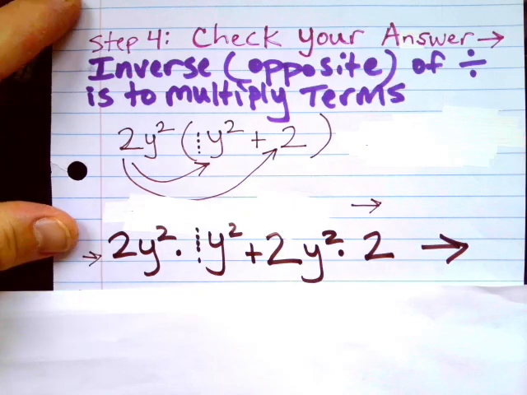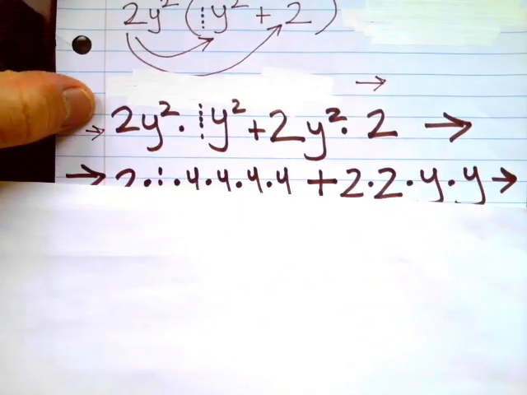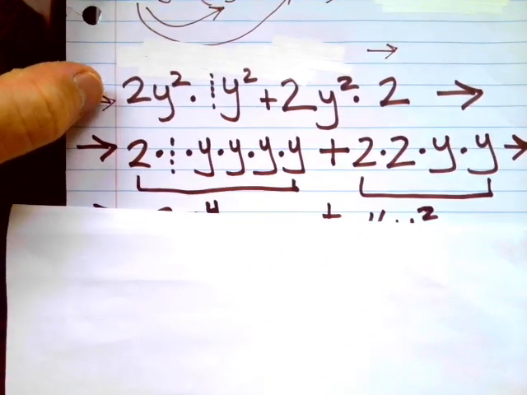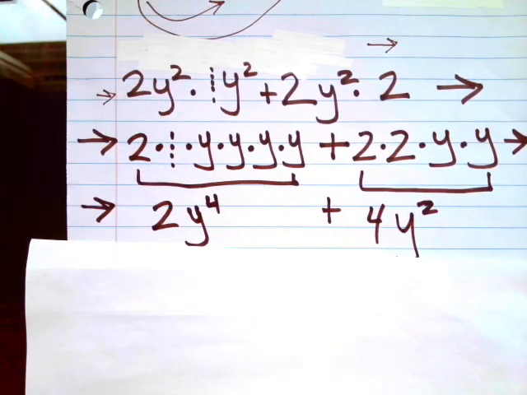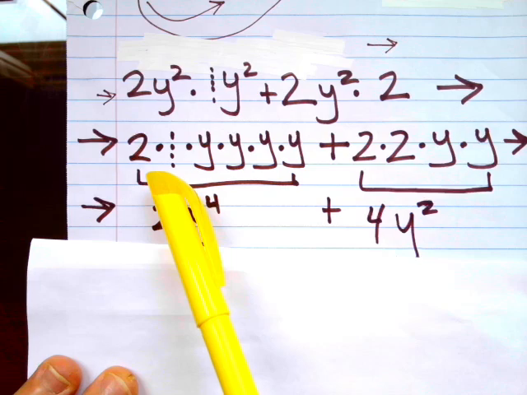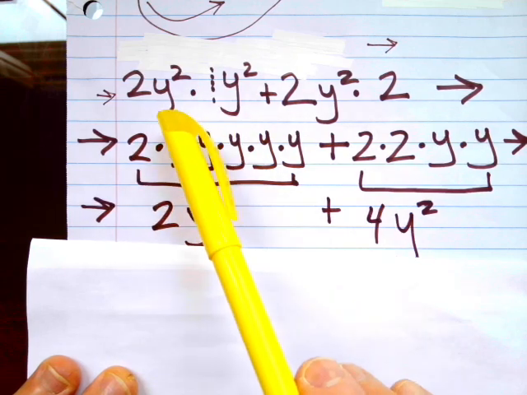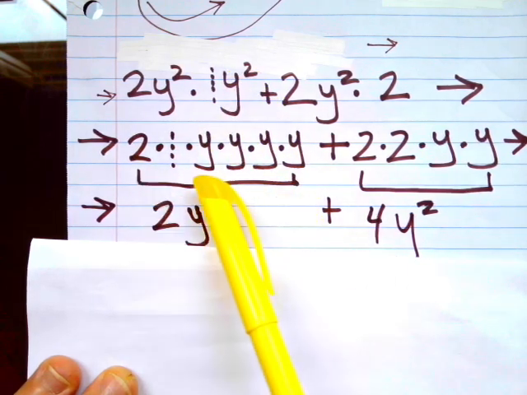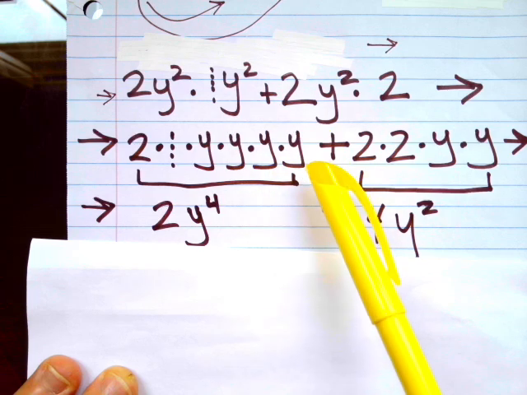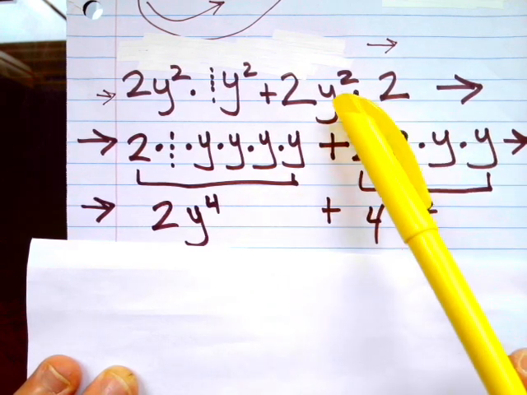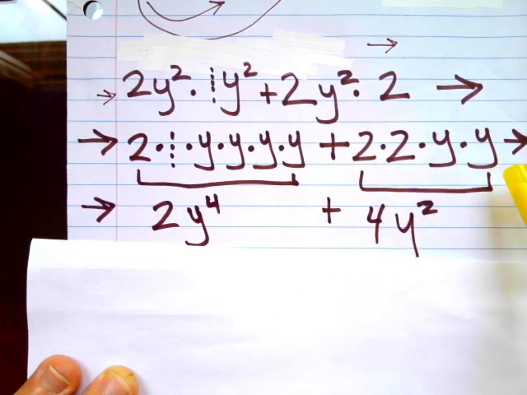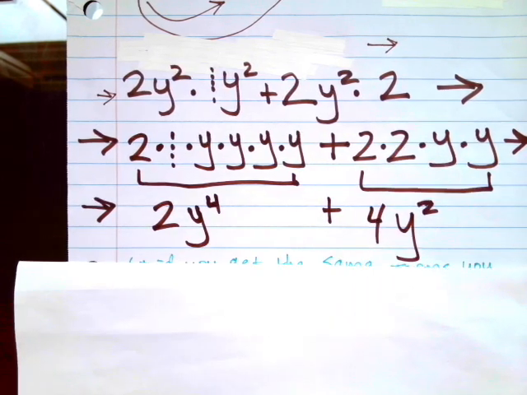But let me show you expanded form in case you're struggling. Here we have 2 times 1 is 2, times y times y times y times y, showing you 4 y's here. Plus 2 times 2, I'm showing you here, times y times y.